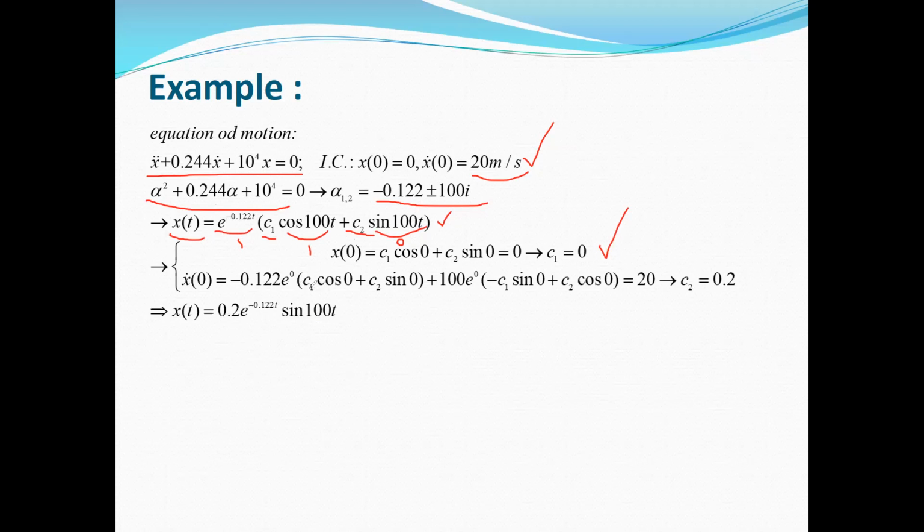If you calculate this derivative and substitute t equal to 0, you can find that c2 is equal to 0.2. Now we have the two constant coefficients, and we can substitute, and finally the response of this system is 0.2 times exponential of minus 0.122t times sine 100t.